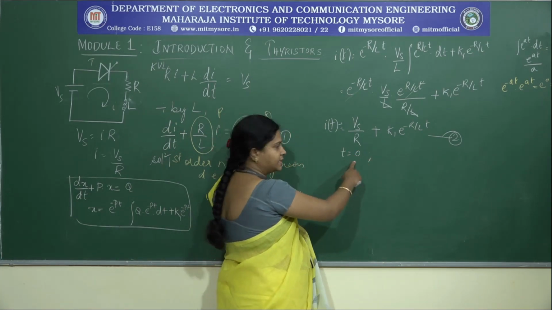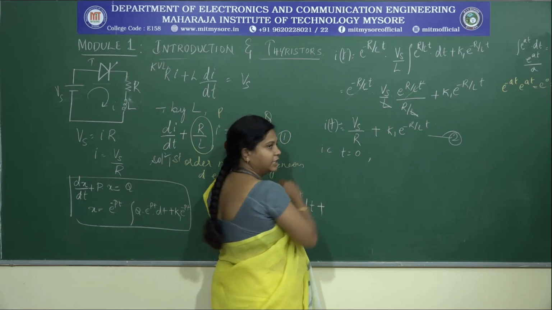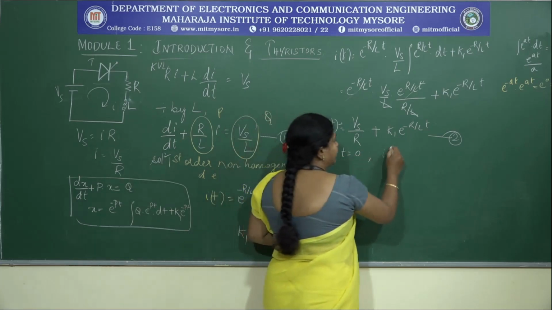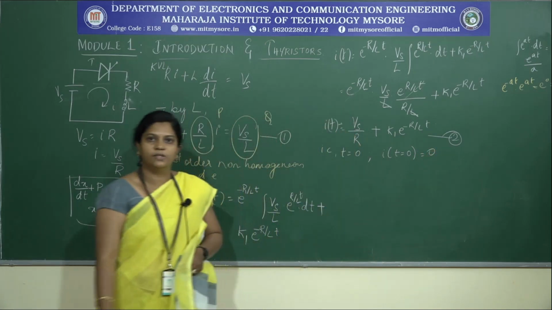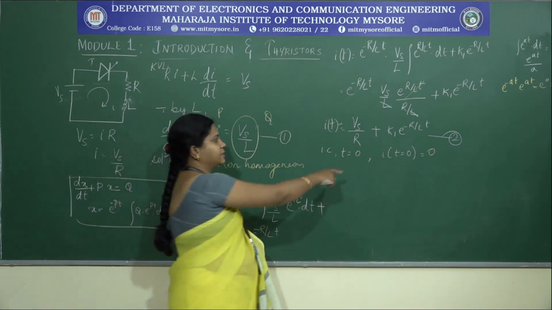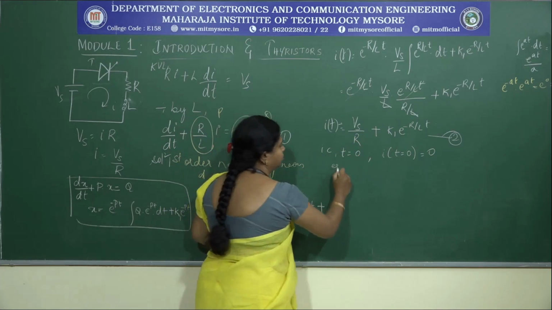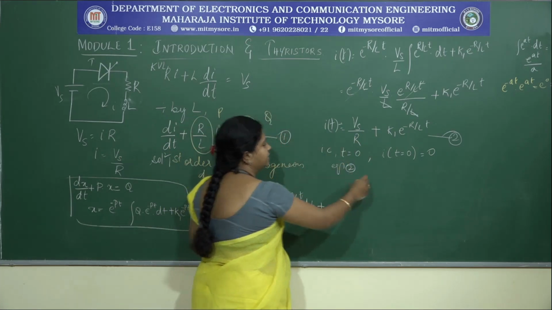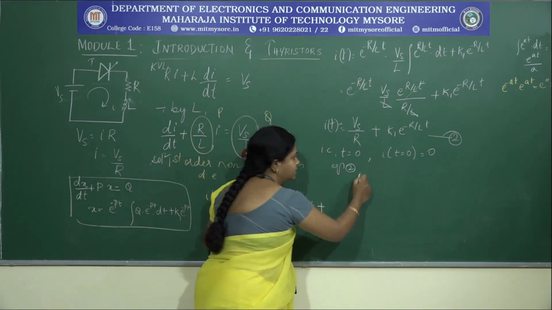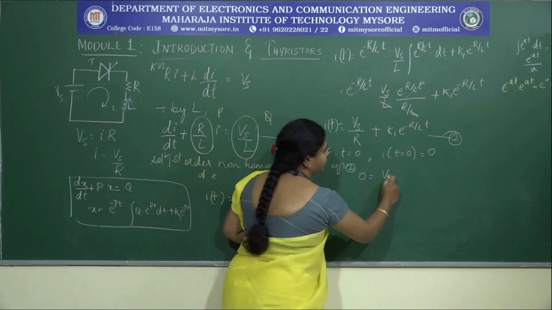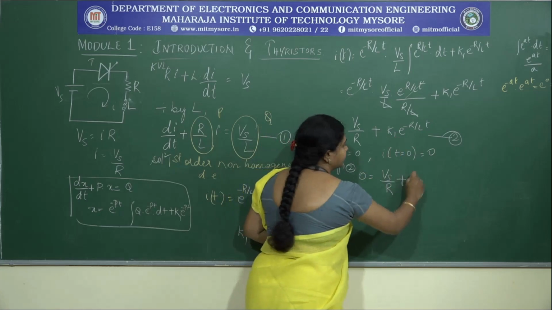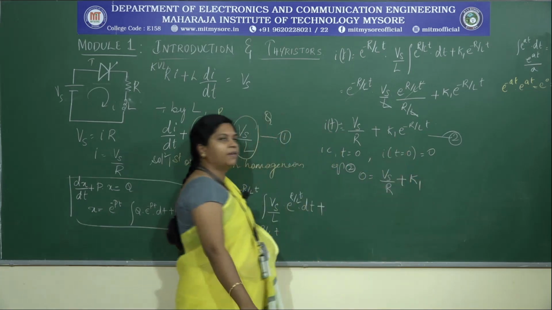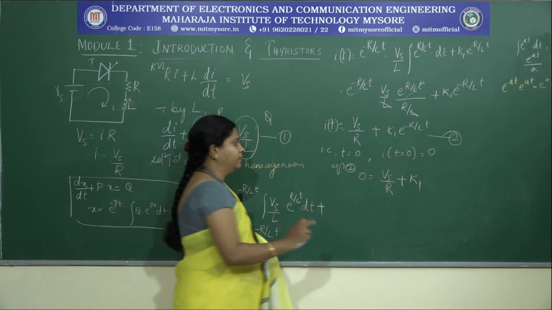So, at time t is equal to 0, that is the initial condition, the current when the time is equal to 0 will also be equal to 0. So, using this principle in equation 2, we get the current at time 0 is 0, that is equal to Vs/R, which does not have any time constant, plus K1 into e to the power of 0, which is again 1.